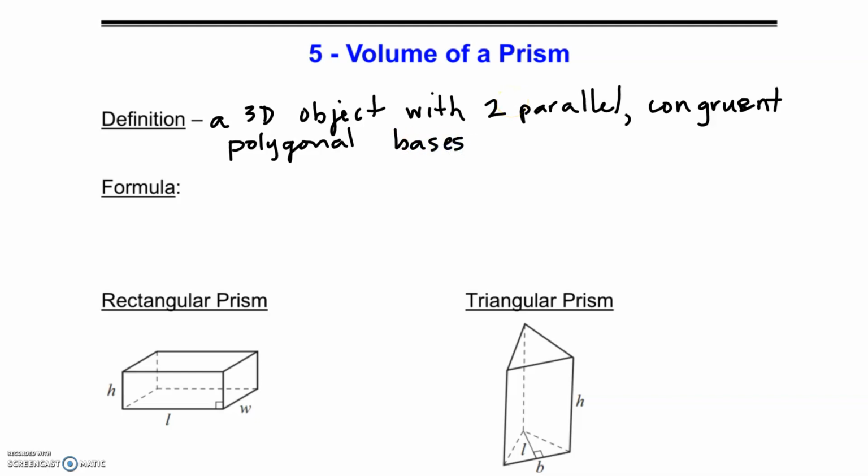So I want to talk about the word congruent. Congruent in math means the same, and polygonal bases means it's a straight-sided shape.